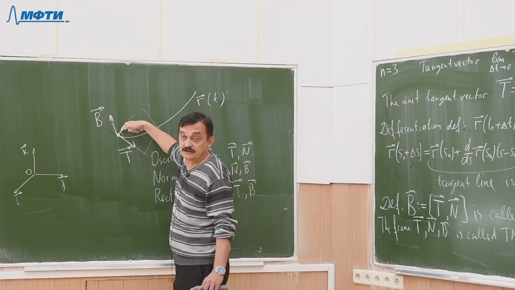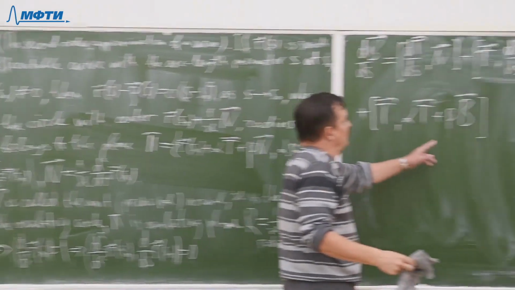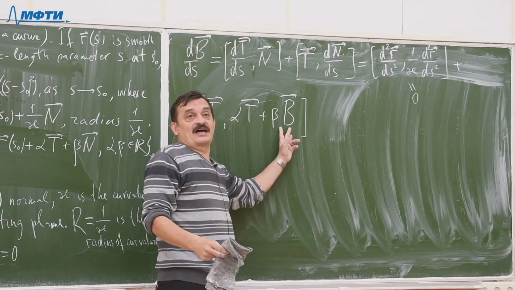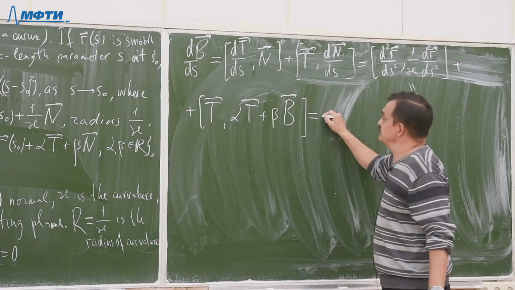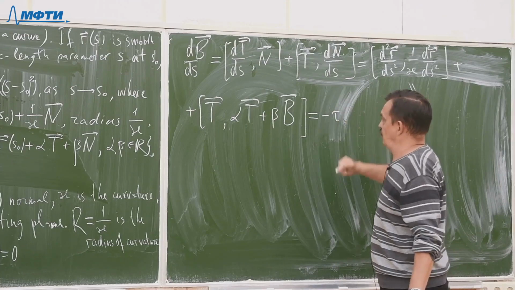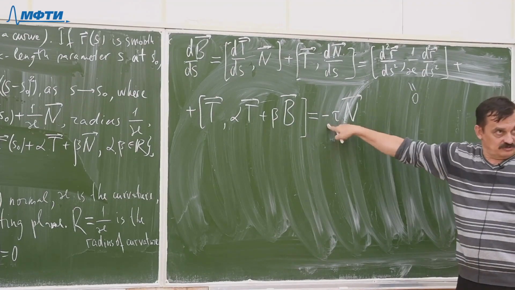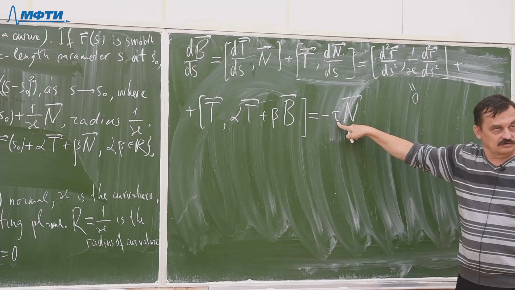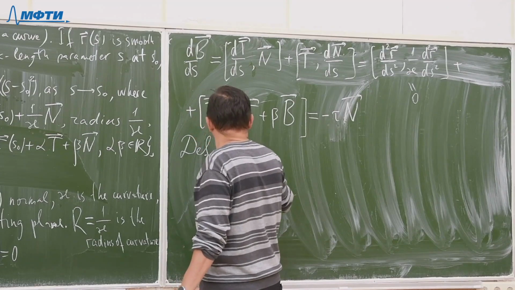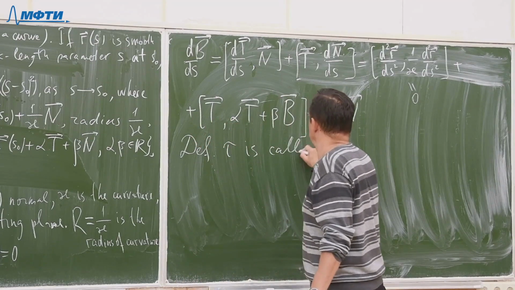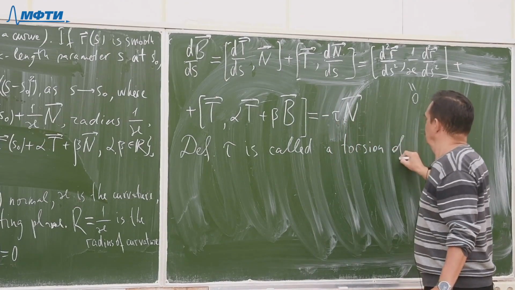So what remains is only some coefficient times n, and we call this coefficient minus tau times n. Tau is this coefficient, and tau, by definition, is called the torsion of the curve.